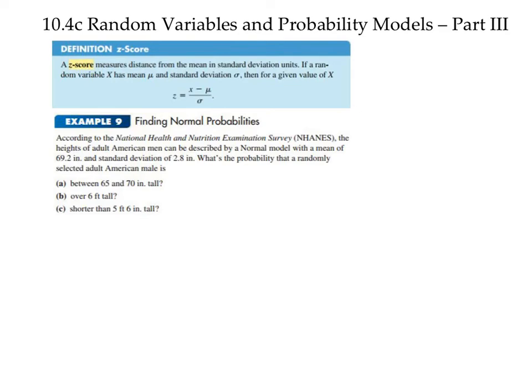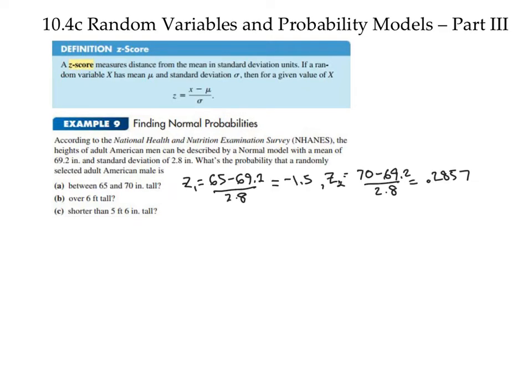So first I'll do this with z-scores. I use the formula z is x minus mu over sigma and calculated the z-scores for 65 and 70 inches with a mean of 69.2 inches and a standard deviation of 2.8, and the z-scores are -1.5 and 0.2857.